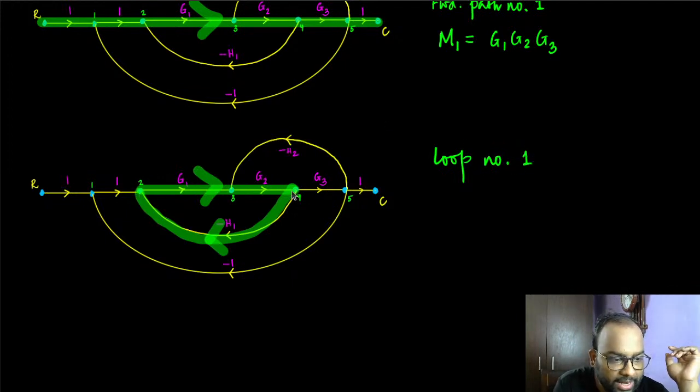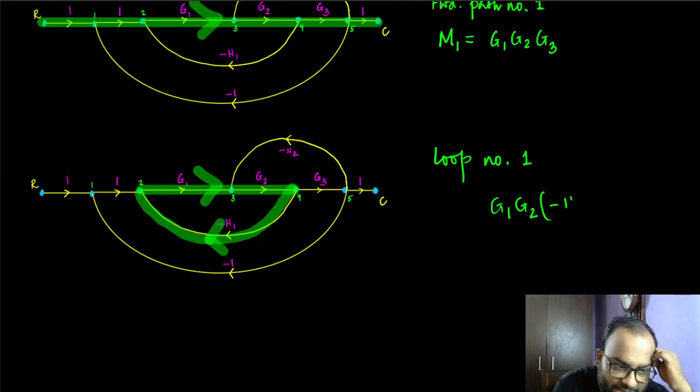We are starting from here, going back to this. When the signal starts from here, goes through all that and comes back to this, what is the gain it encountered? It encountered a gain of G1, then G2, and then a gain of minus H1. In total, G1, G2, H1 with a minus sign.